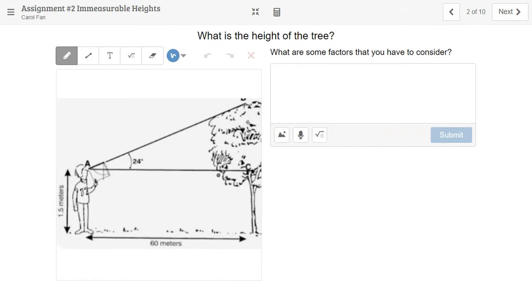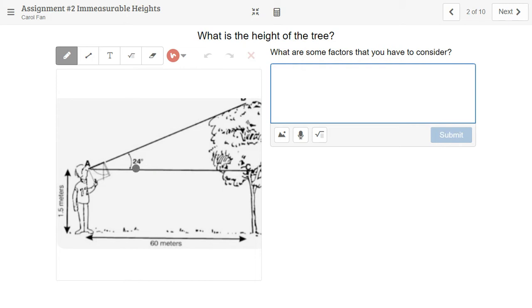Now let's look at this situation here. We have a person who's 1.5 meters tall. The person is 60 meters away from the tree, and they need to measure the height of the tree. Based on the information that we have, it's possible for us to find it because if we're using trig ratios, the only thing that we need are 2 out of the 3 pieces of information.